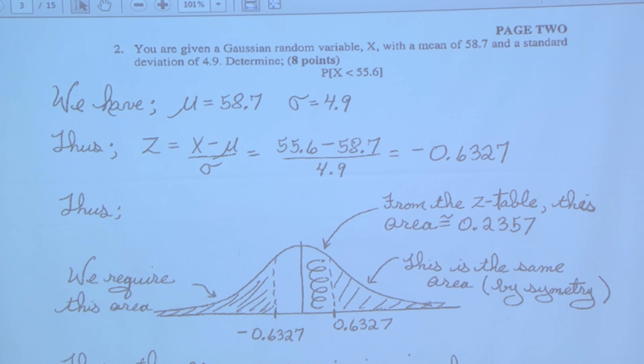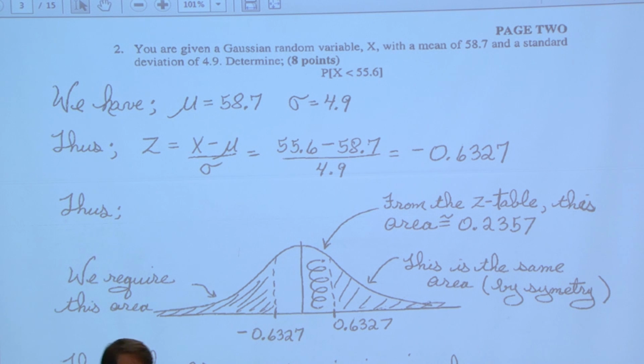Okay? So it says here, determine the probability that the random variable is less than 55.6. And I tell you that the random variable is Gaussian with a mean of 58.7 and a standard deviation of 4.9.